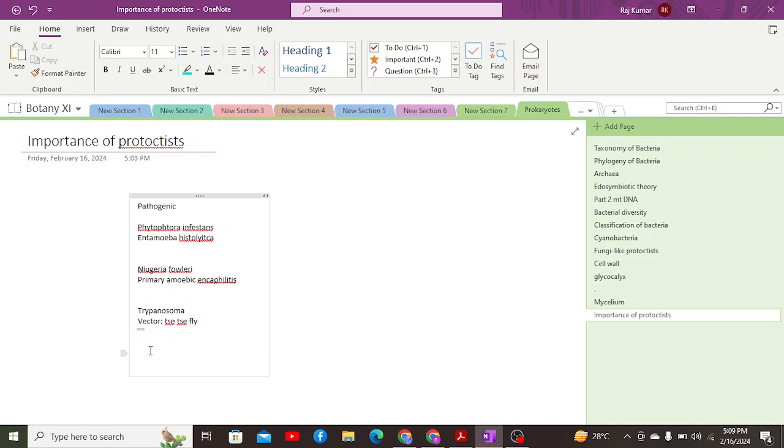After that, when it comes to other examples, we have Plasmodium, which is the malarial parasite. So: Plasmodium as a malarial parasite, Trypanosoma spread by the tsetse fly, and primary amoebic encephalitis caused here as well.